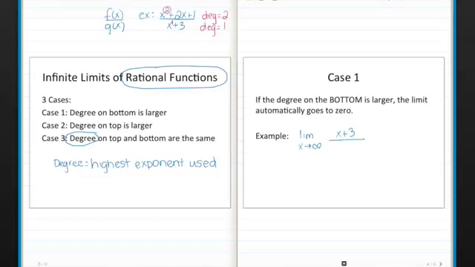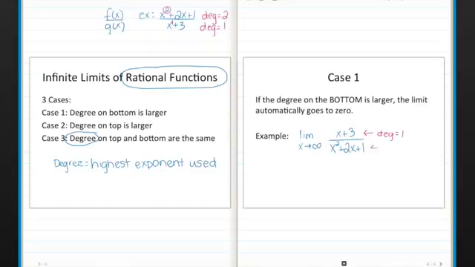So let's look at an example where this would be the case. Let's find the limit as x approaches infinity of x plus 3 over x squared plus 2x plus 1. So we need to determine the degree of the top and the degree of the bottom. This will help us determine if it fits the case.